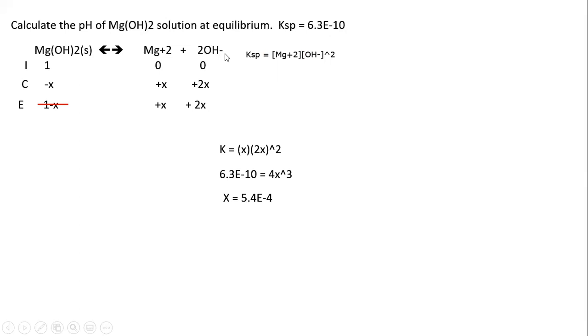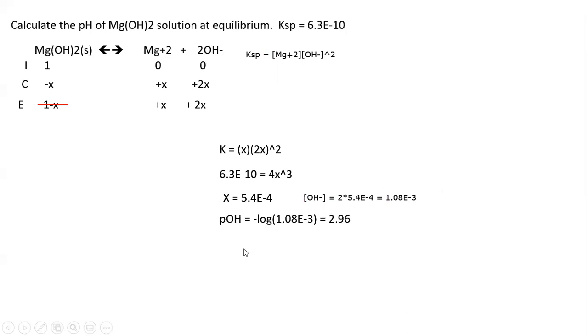To get hydroxide, we have to multiply it by 2. Oops, I didn't show that. Because remember, hydroxide is 2x, so 2 times x. So we get 1.08 e to the negative 3. And so that's the hydroxide concentration at equilibrium.